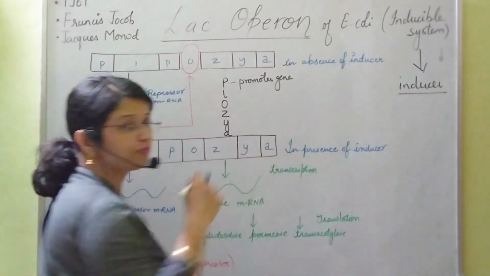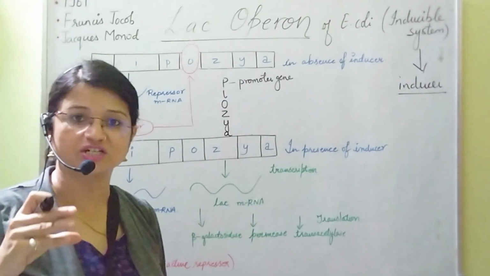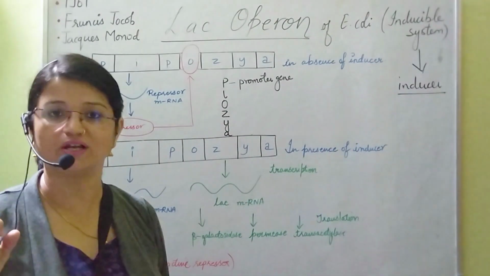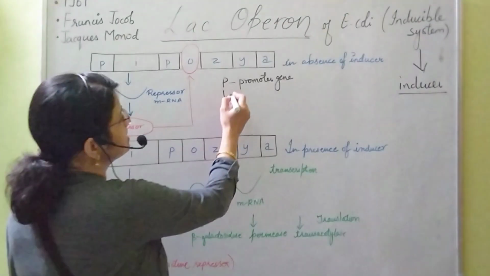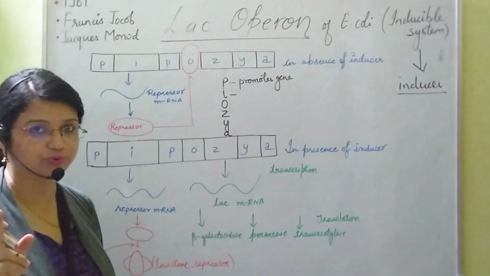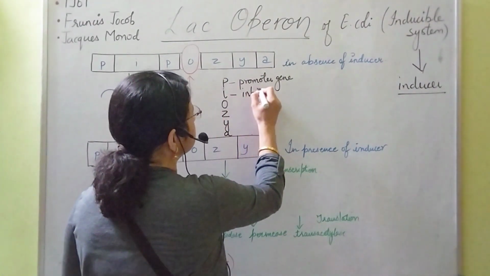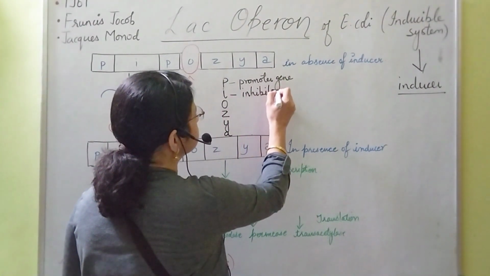Now what is the function of the promoter, as we have discussed earlier? Promoter gene is that gene where the RNA polymerase will bind. Second is gene I. This I does not mean inducer, it means inhibitor gene.